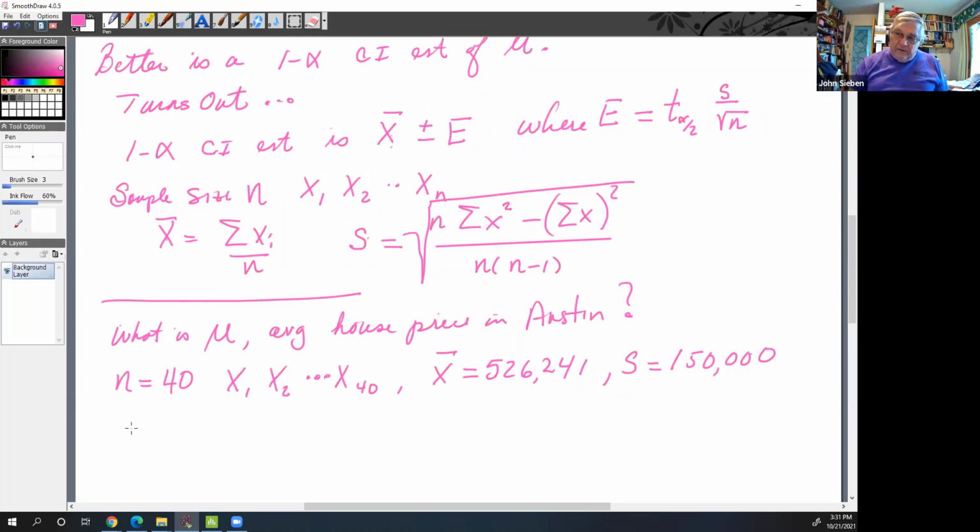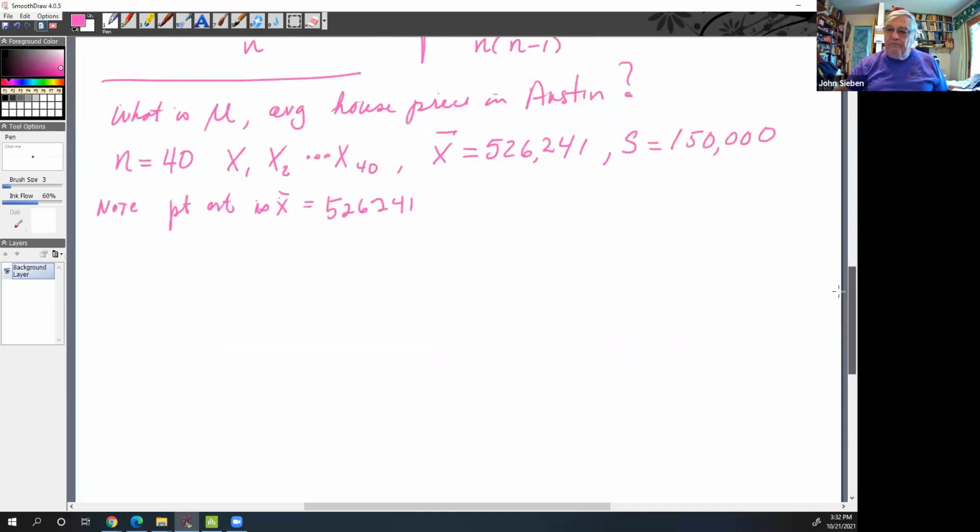And so looking at my formula here for E, I see that I'm going to need a T alpha by 2, where alpha will be tied to the confidence. So I guess we'll make a note here first off. Note, point estimate is X bar equals $526,241.